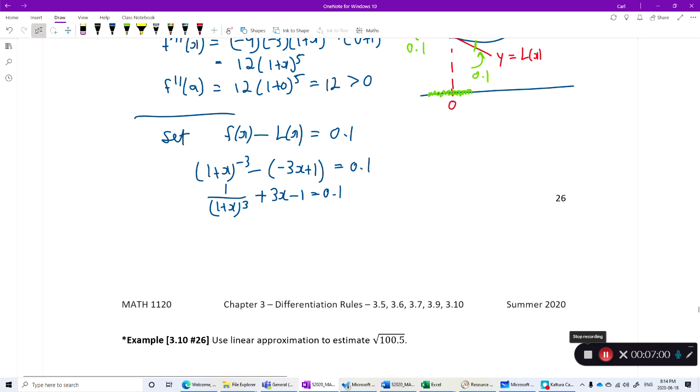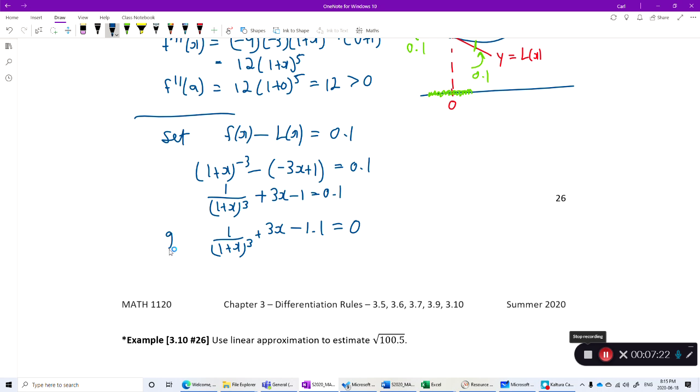Why don't I put everything on the left side? So I subtract 0.1, so I get negative 1.1. So this equation is actually not easy to solve exactly.